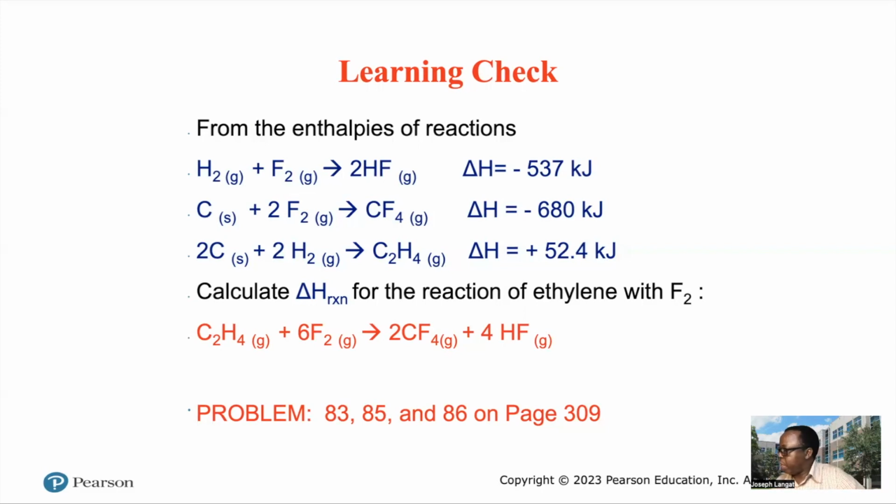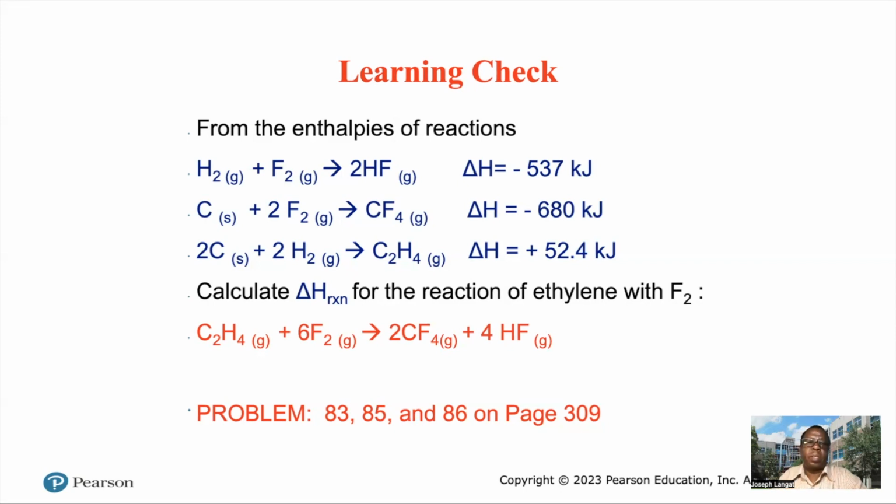So let's see, if I multiply equation 1 by 2, it's going to be 2H2 gas plus 2F2 gas going to 4HF, and the enthalpy change for this is 1074 kilojoules.